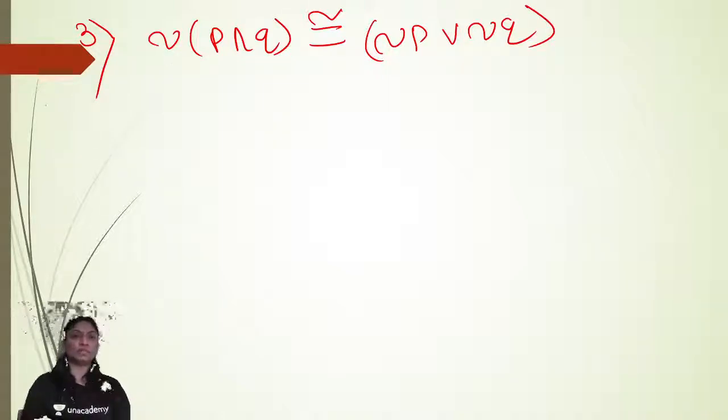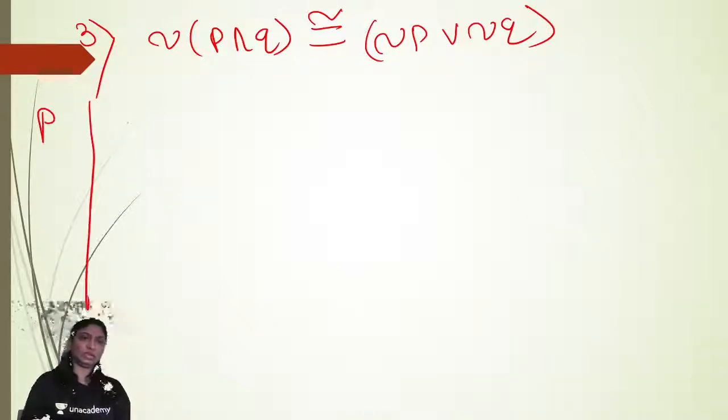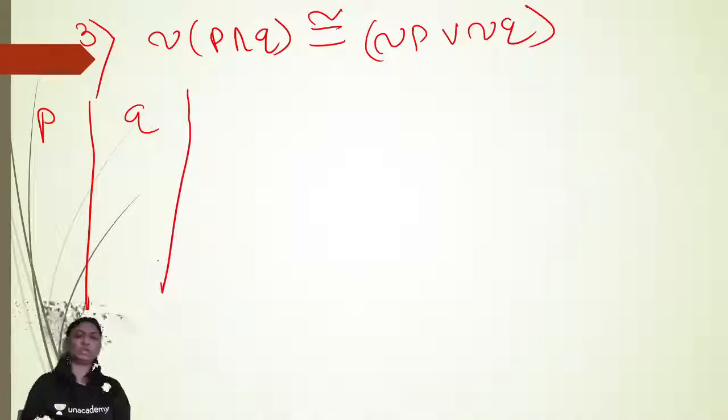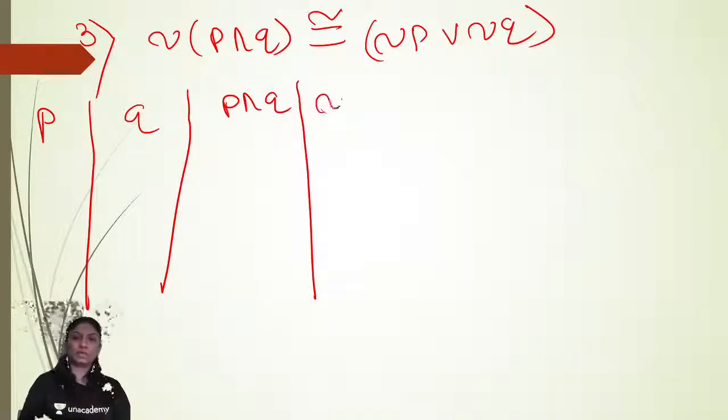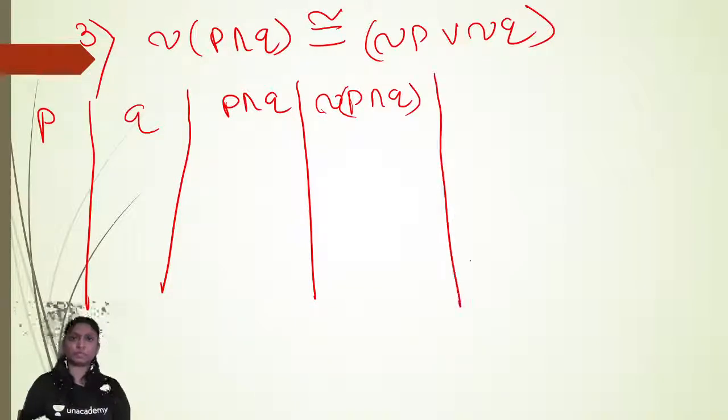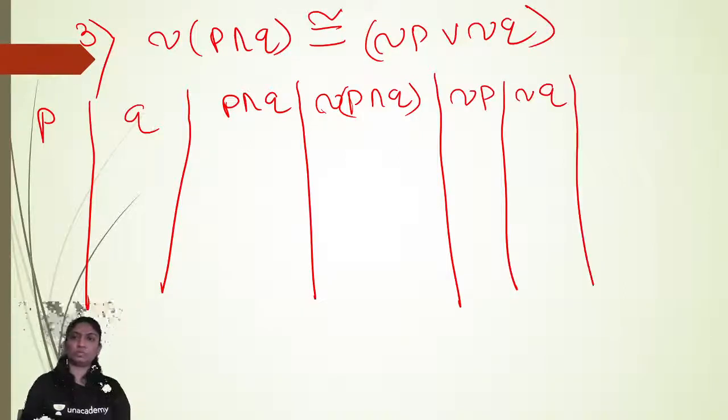So these two are equivalent. We'll check whether it is equivalent or not by using a truth table. P and Q, negation of P and Q, negation of P, negation of Q, and negation of P or negation of Q.